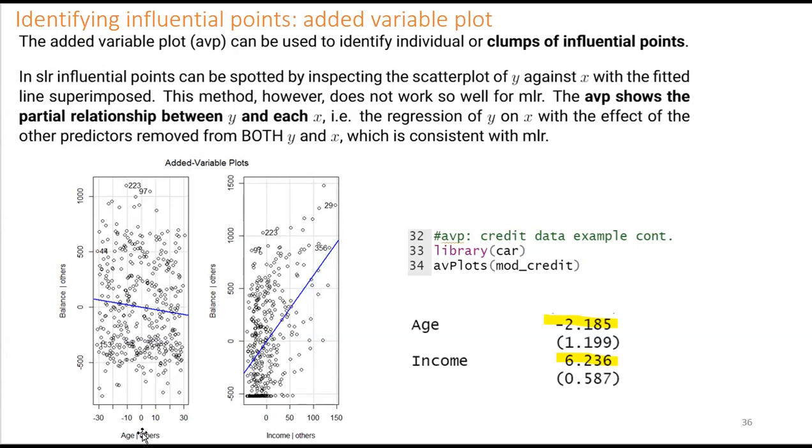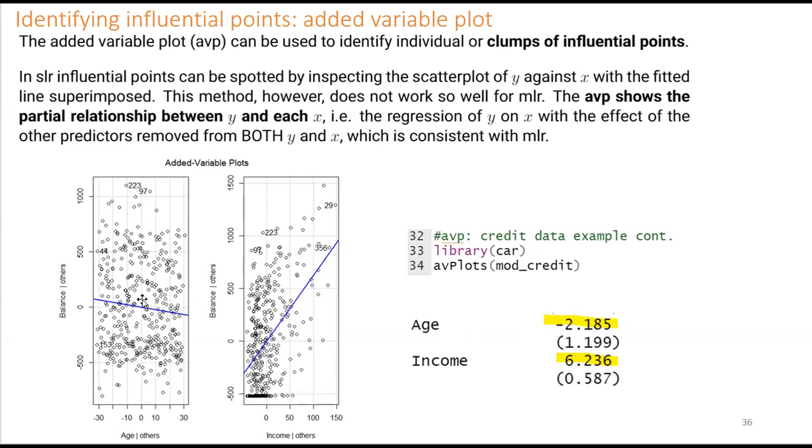And this is age, with the effect of all other covariates stripped out. And the slope of this blue line is the actual coefficient of the multiple linear regression model that you fitted.